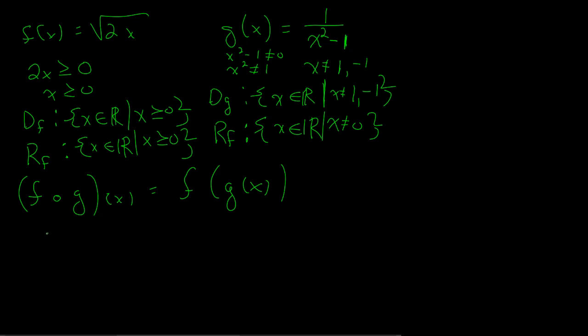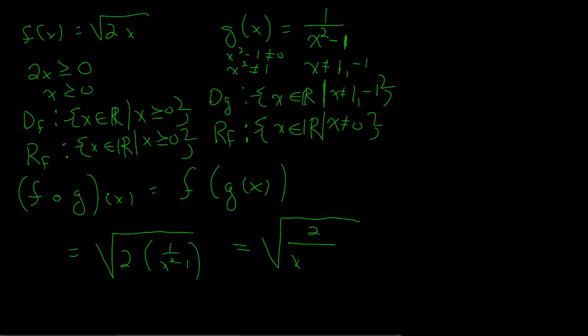So I'm going to have the square root of 2 times 1 over x squared minus 1, which is equal to the square root of 2 over x squared minus 1. And that's our new function. That's about as simple as we're going to get it, but we can say some things about this.